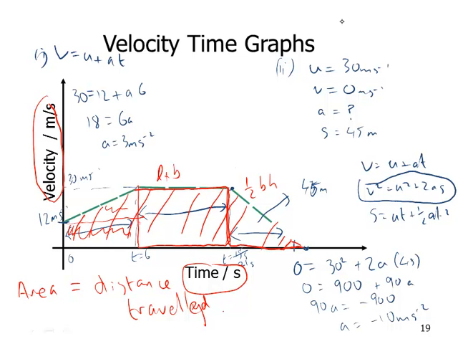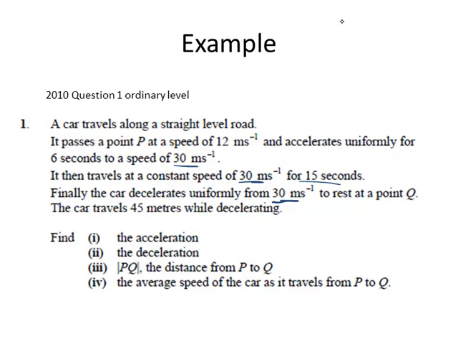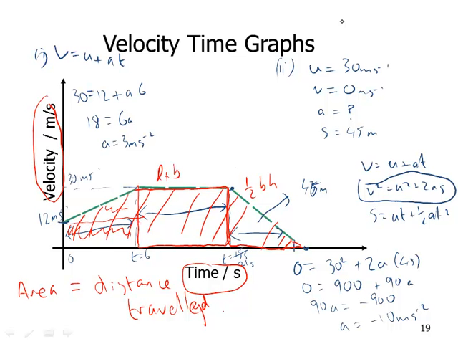So I'm just going to go back there for a second to the previous question here. Now it asks us to find the distance from P to Q. There's two ways we could do it. We could work out the distance using the formulas for each of these sections, split it up. The other way is that if we have a good velocity time graph, we just get the area underneath that graph. Literally, I'll do it for this bit here.